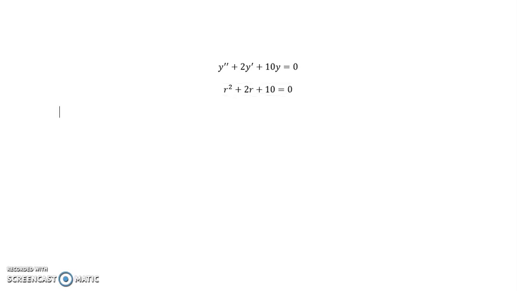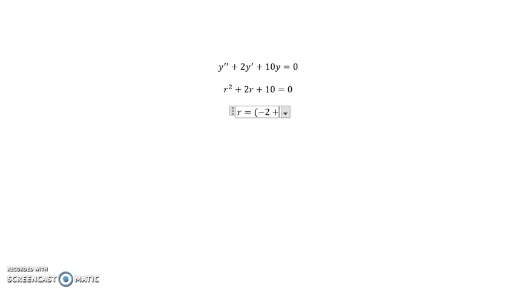So once we obtain our characteristic equation, then we need to be able to find the roots. And there are no factors of 10 which add to 2, and so we're going to need to use our quadratic formula to obtain our roots.